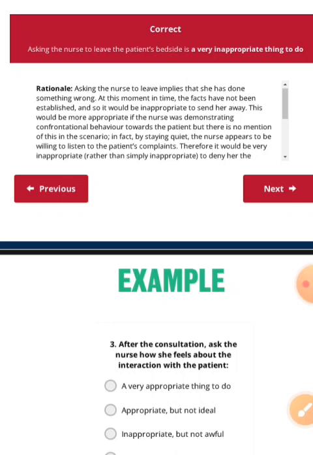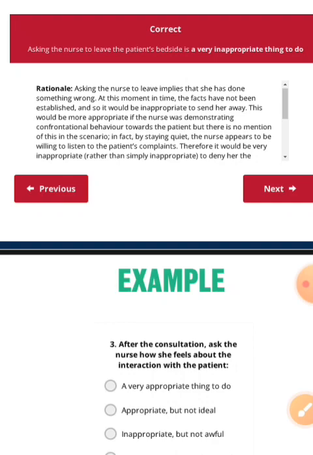In the scenario, we didn't see that the nurse tried to speak over the patient. So this shows that the nurse, he or she, was willing to explain herself or say sorry for what she or he has done.